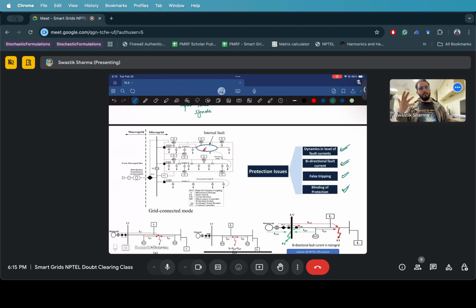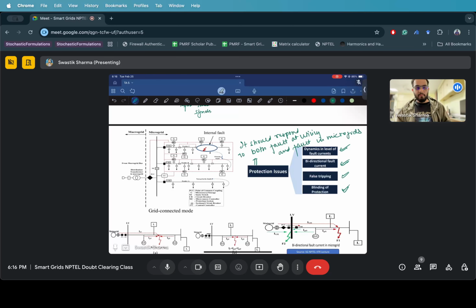When I say a protection device, what I mean is it should respond to both faults at the utility and faults in microgrids.